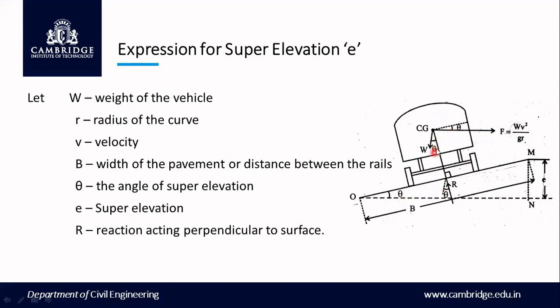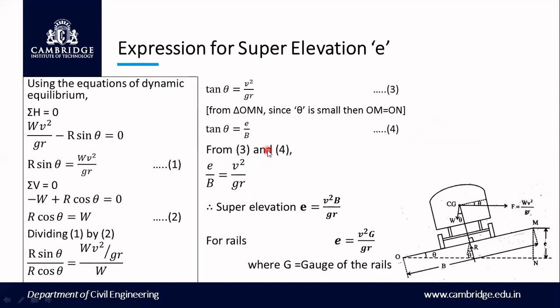So weight will have an angle of theta with this reaction, and this reaction will have angle theta with the vertical, and here the centrifugal force will be inclined with an angle of theta with respect to the horizontal of the object.